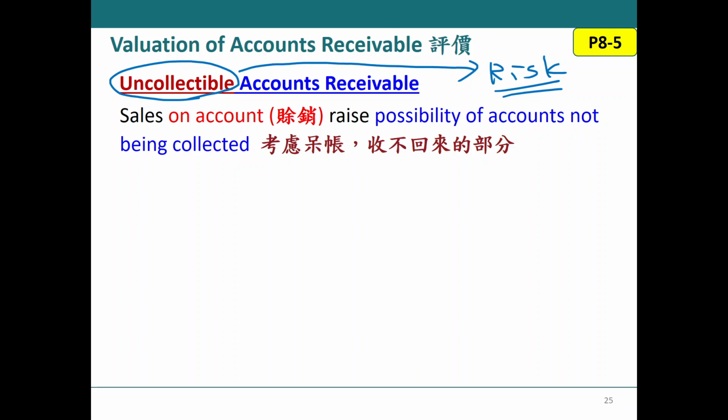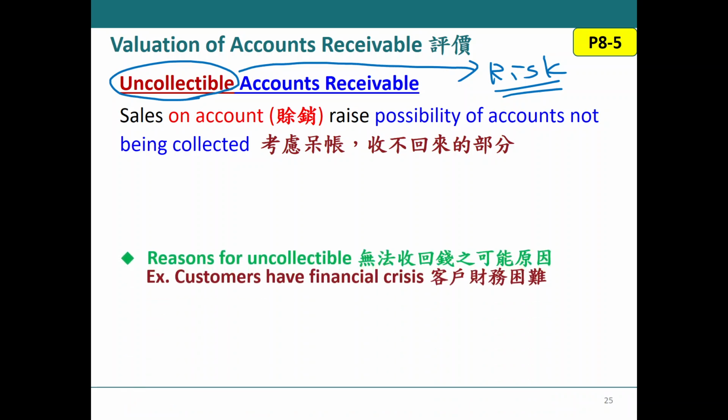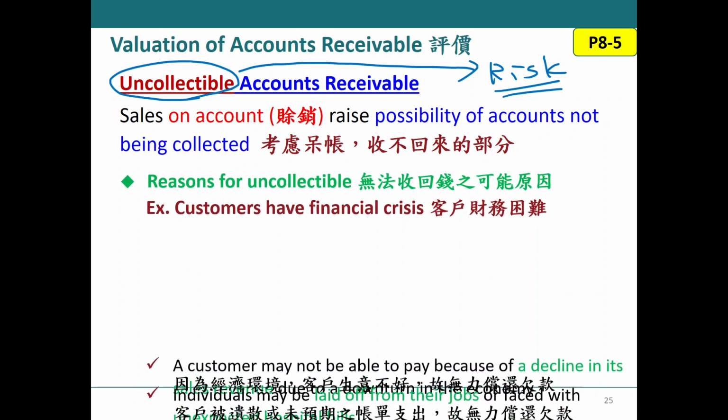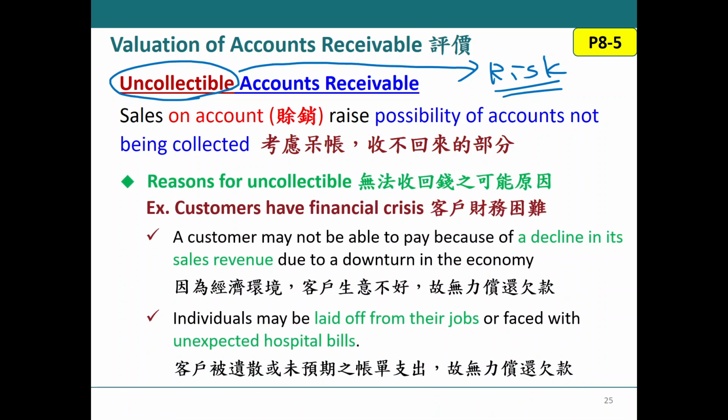So many reasons, because they don't have the ability to pay the money back, right? Maybe because they have some financial crisis, or maybe this year or for the past few years they don't have a good business, so they cannot make any profits for the past few years.